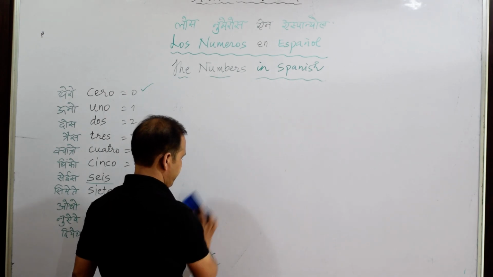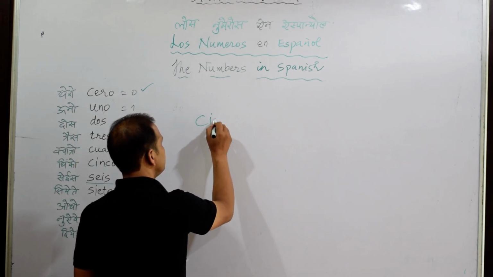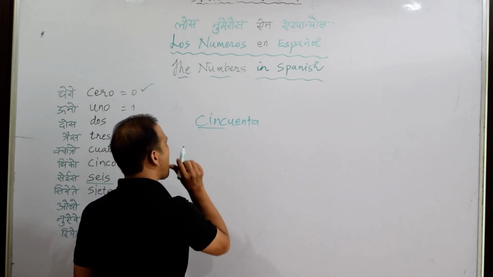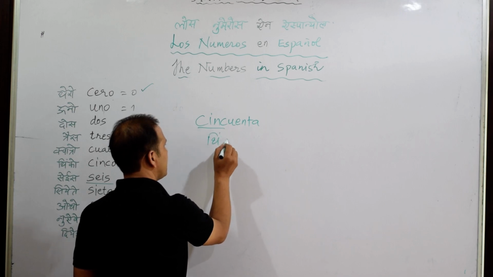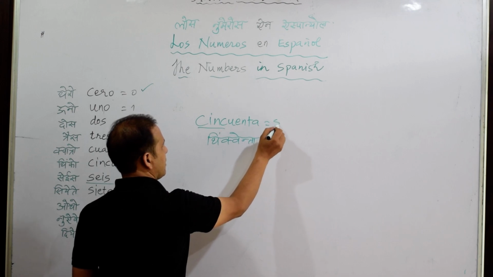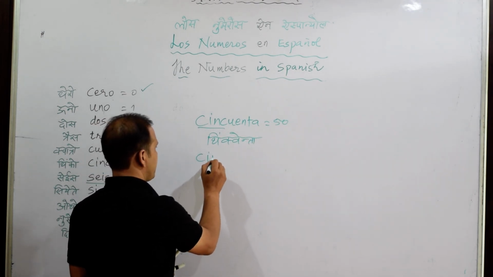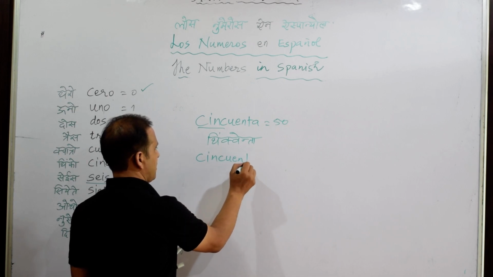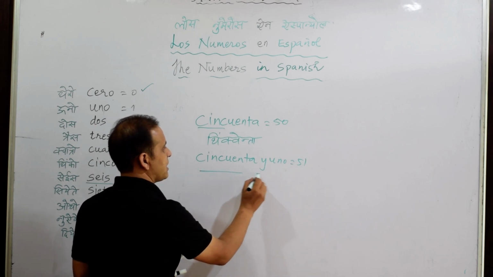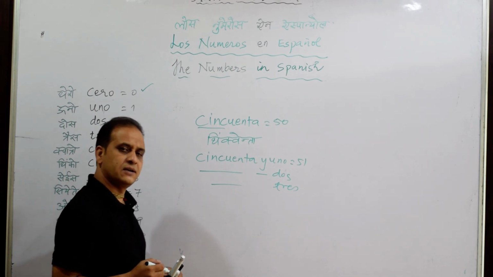How will you say 50? 50 is 50. This is 50. That is 50. Then 51, 50 y 1, 50 y 2, 50 y 3, like this.